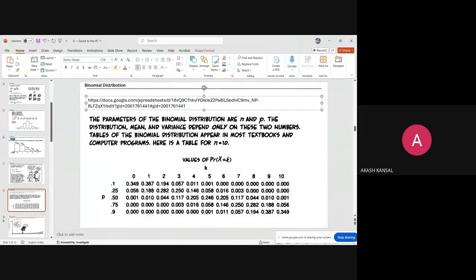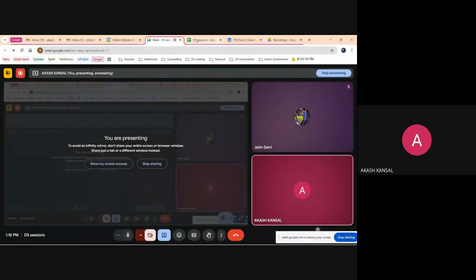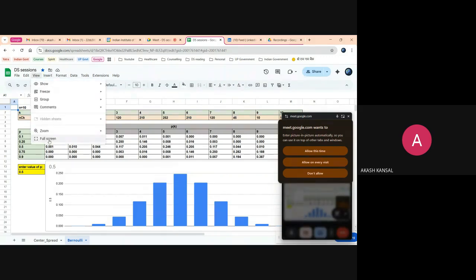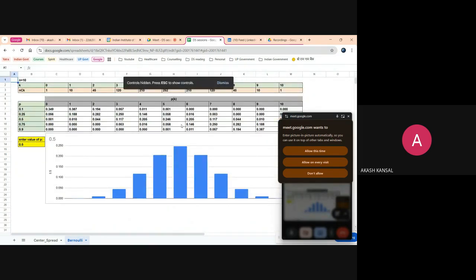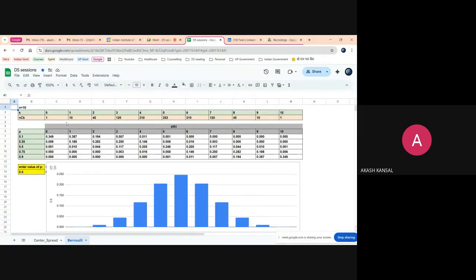Yeah, so let's go to the sheet. In this we have, let's say, n is 10, as I already discussed, and the values of k can vary from 0 to 10 in this case.